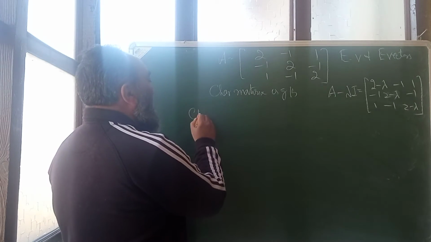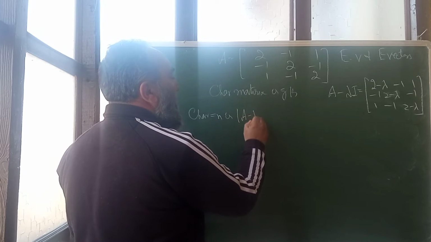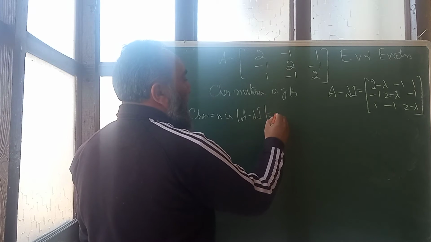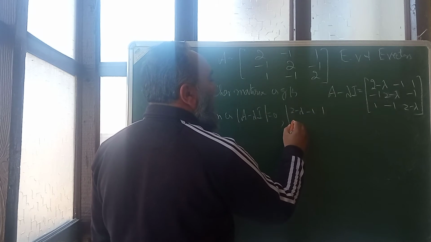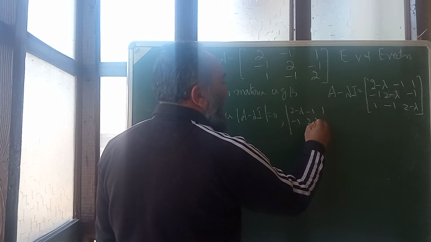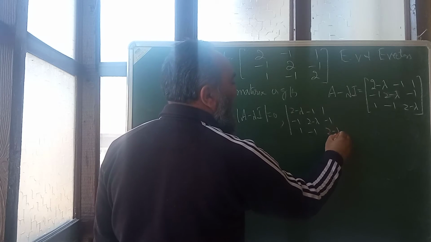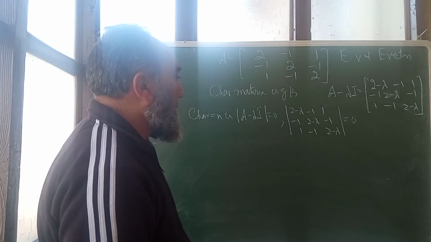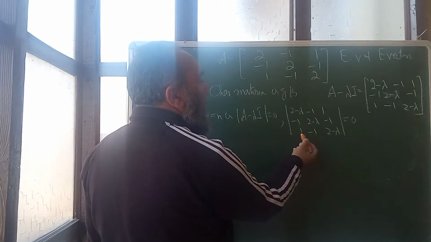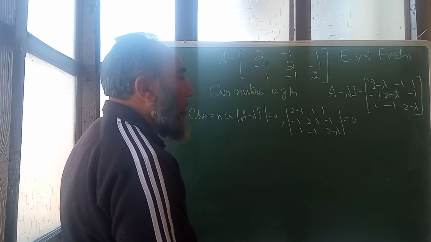The characteristic equation is determinant of A minus lambda I equal to 0. That is the determinant of [2-lambda -1 1; -1 2-lambda -1; 1 -1 2-lambda] equal to 0. Okay, I can make this 0 with respect to this, or you can just expand it.